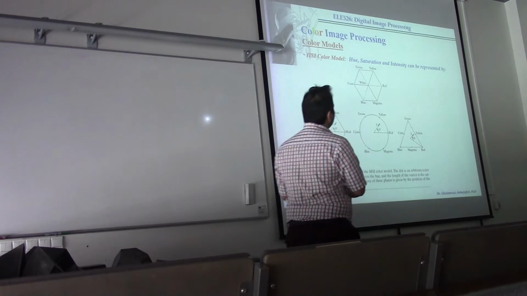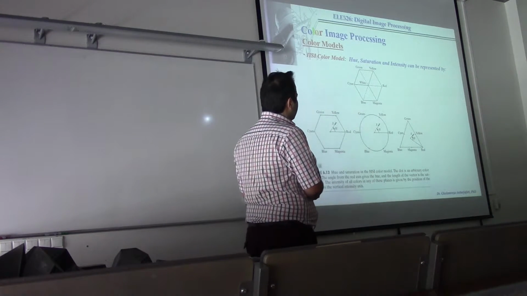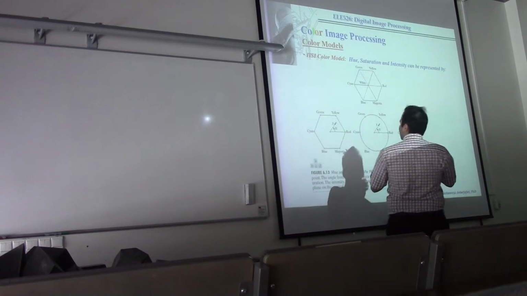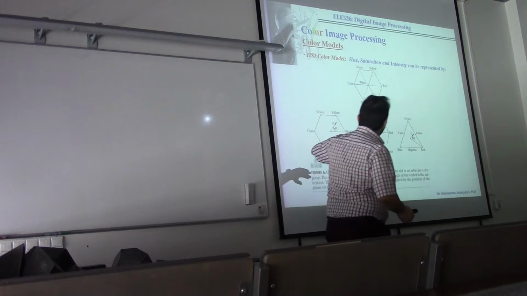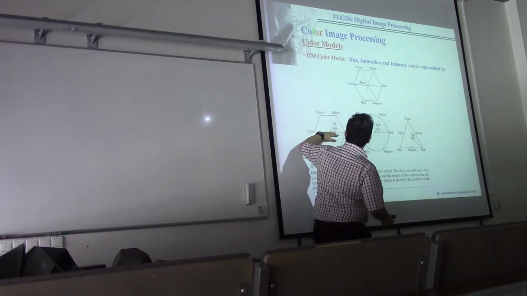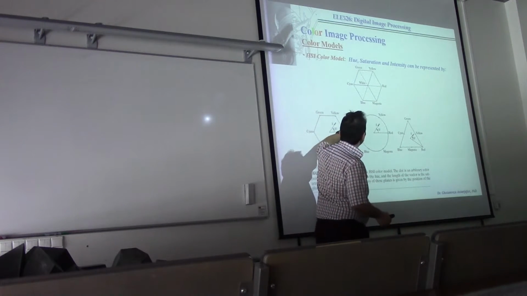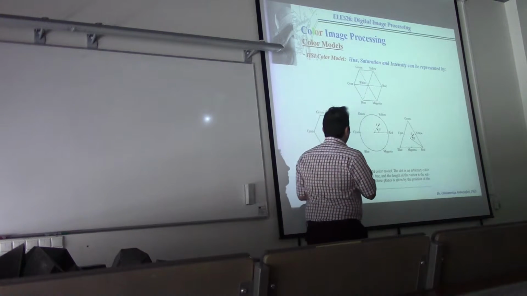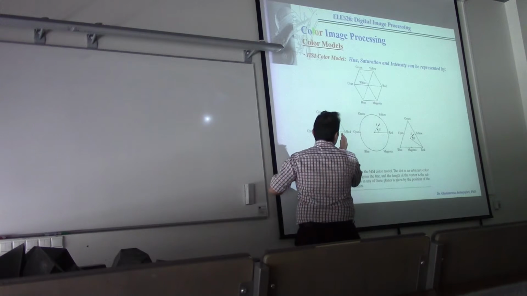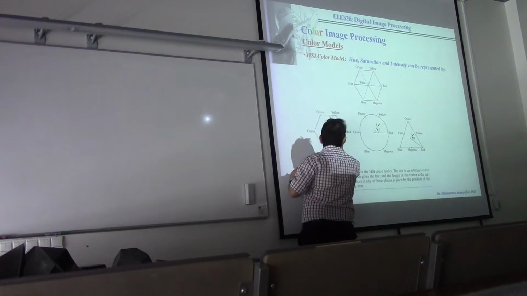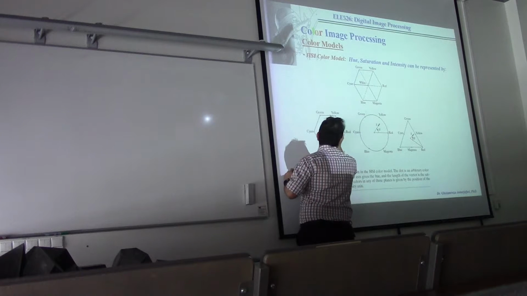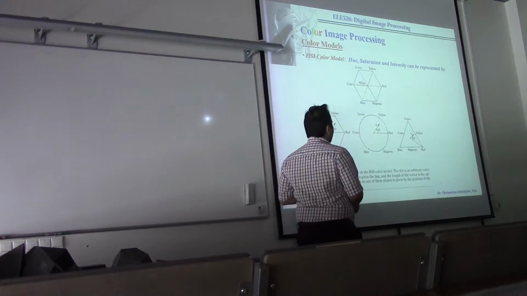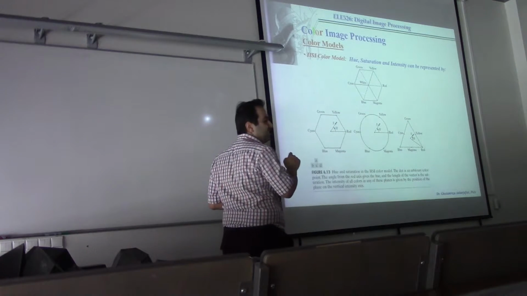You can see here, if we consider color as a circle, a triangle, or something like this, the axis of the hue is here. The angle between this vector and the saturation vector is exactly the value of the hue matrix.